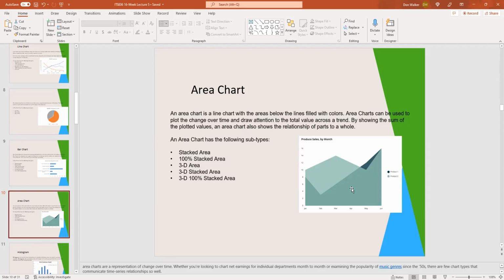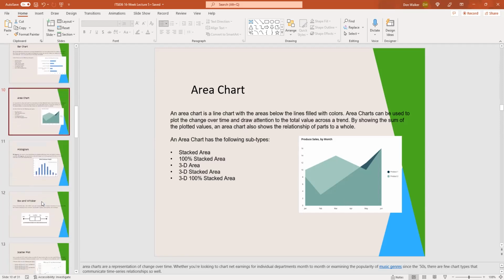So data hides behind other data in an area chart. So it really only makes sense if the data doesn't overlap like this, and you can put the taller thing in the back. Anyway, they're available on every tool.